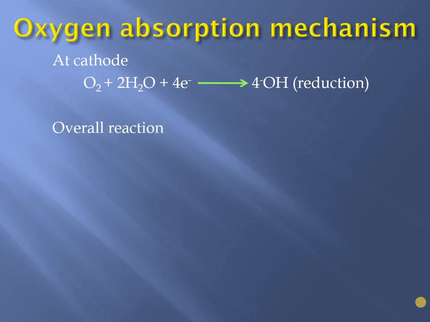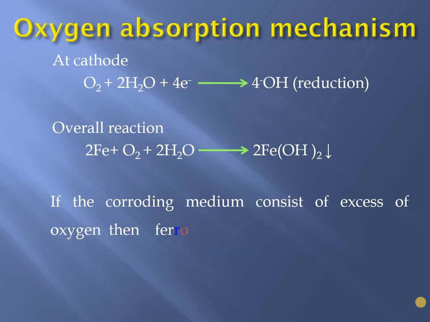So overall reaction will be 2Fe + O2 + 2H2O gives 2Fe(OH)2. It will get precipitated. If the corroding medium consists of excess of oxygen, then ferrous hydroxide gets oxidized to form the rust.